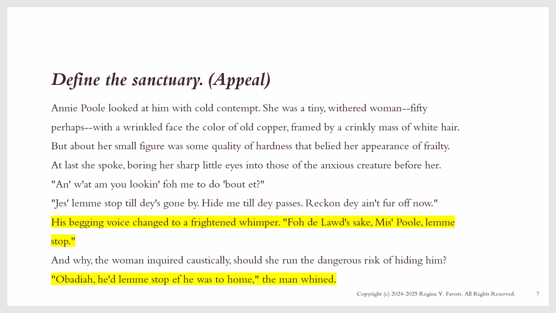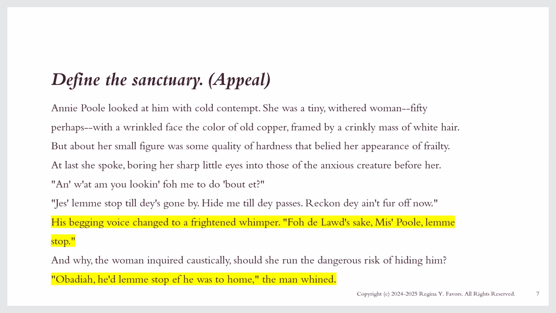So the man is a whiner. This could be Nella Larsen's perception of him, or he could be just this type of person who whines. And he's appealing to her sense of motherhood because Obadiah is her son. And so this whine here is his sanctuary.